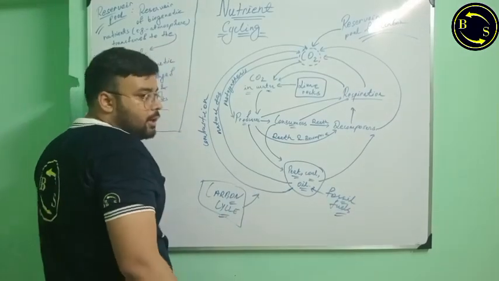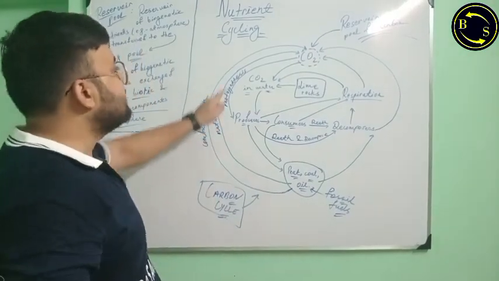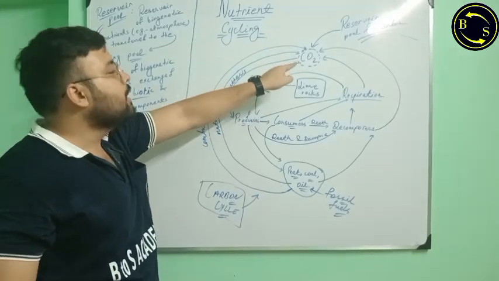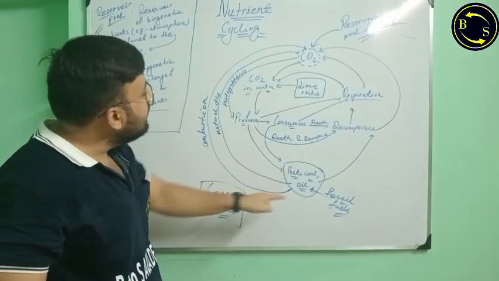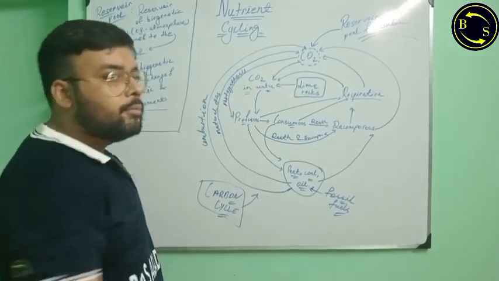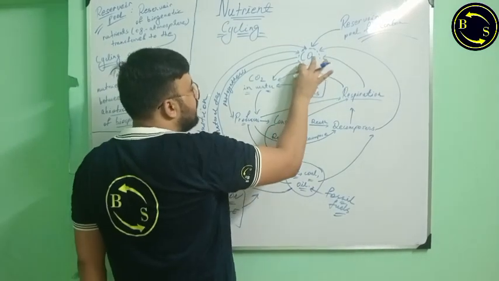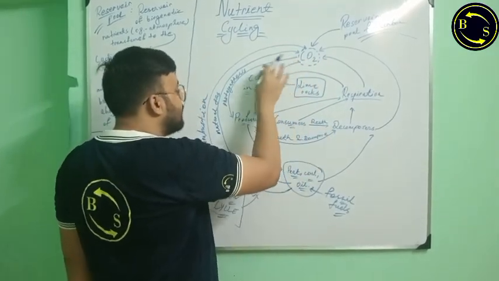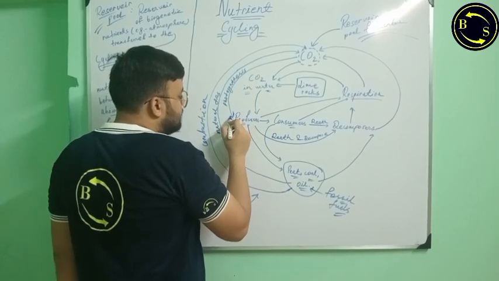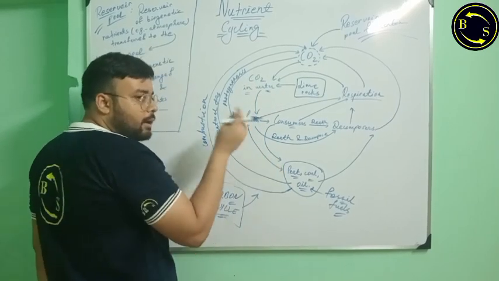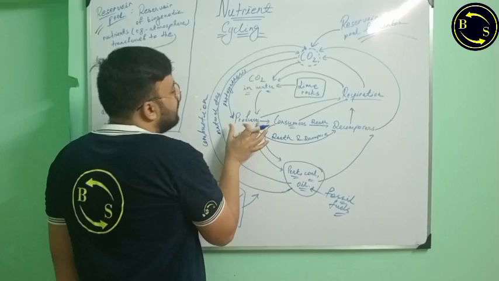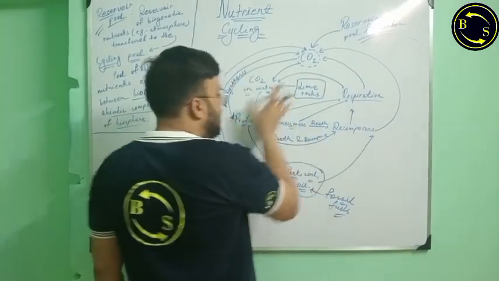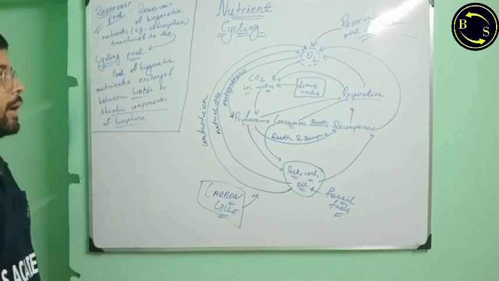Through the form of natural gas, the natural gas escapes back into the atmosphere containing carbon, and since carbon is again returned from the cycling pool to the reservoir pool, and from the reservoir pool it again gets dissolved in water and absorbed by the producers, or directly due to photosynthesis the gaseous CO2 and the carbon therein is again trapped by the producers, transferred to the consumers, decomposers, and the cycle is repeated throughout the biosphere.